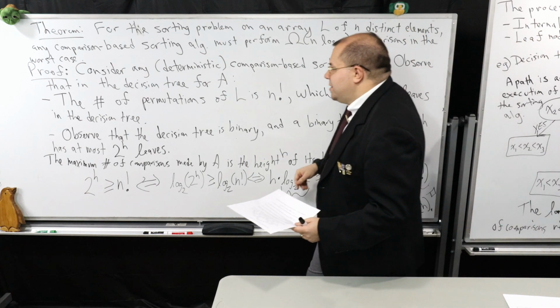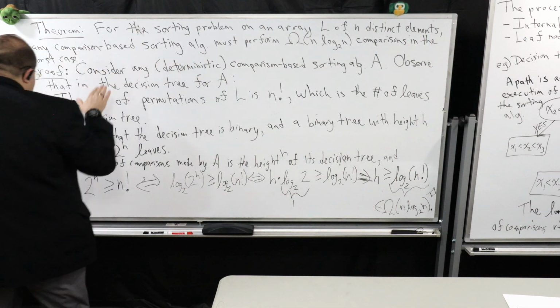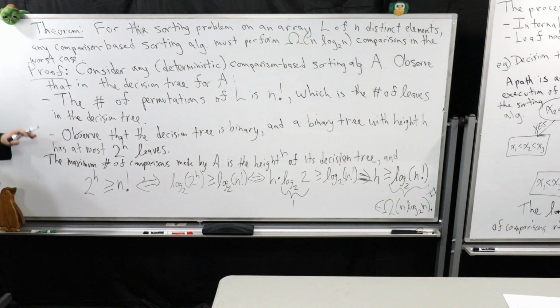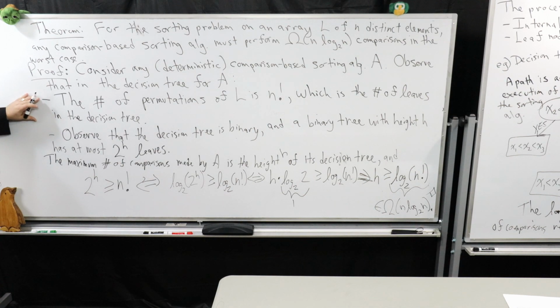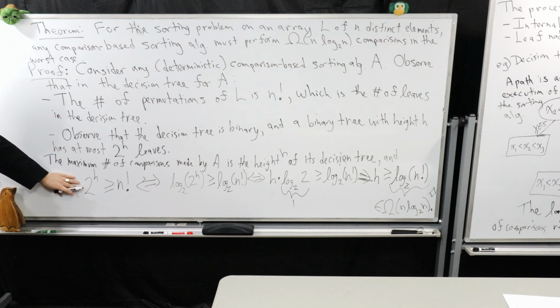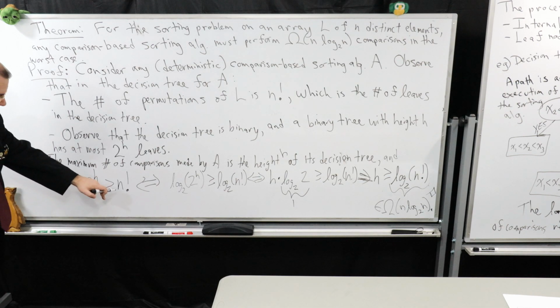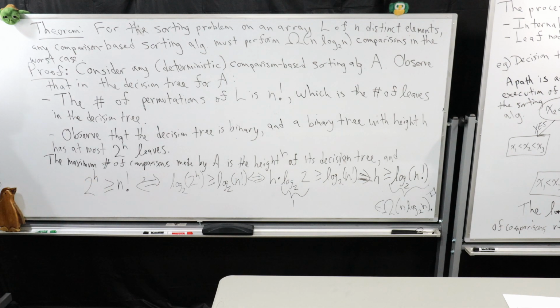So what I did is I used these two observations about the decision tree to derive this inequality right here. Remember, I look at all the leaves, and I use a property of binary trees, and I can write this like this, because the number of leaves is no more than 2 to the power of h. But I tell you that the number of leaves is n factorial, so this serves as an upper bound.